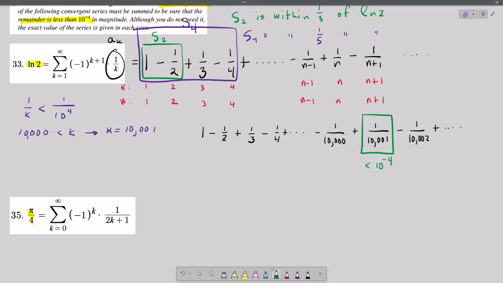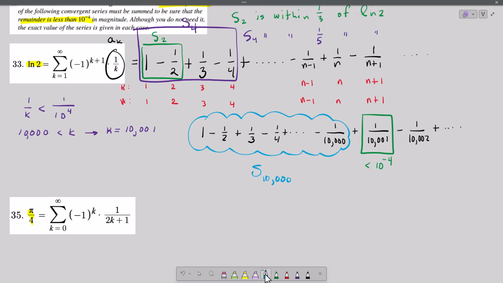So we need to add everything in front. This is what we want to add up, and this is S sub 10,000. That's the sum of the first 10,000 terms. If we add up these 10,000 terms, the next term is our gauge on the remainder. The next term is less than 10 to the negative 4.